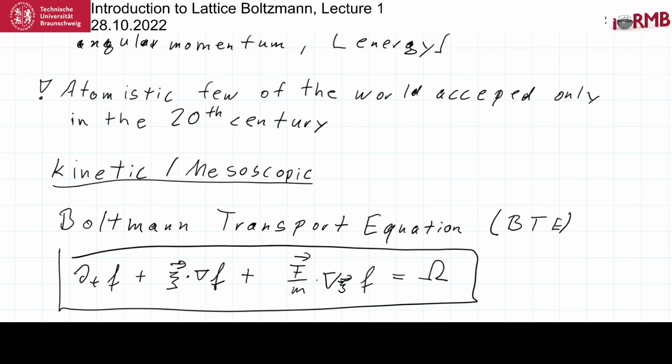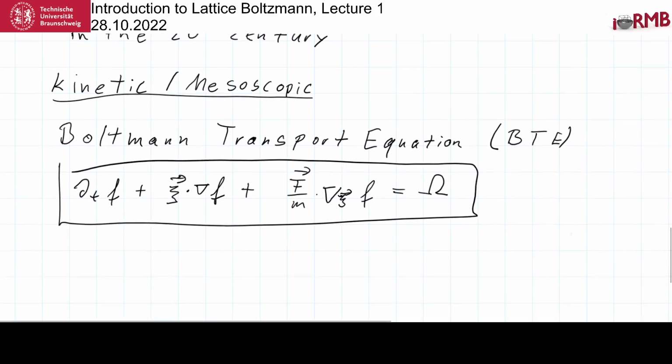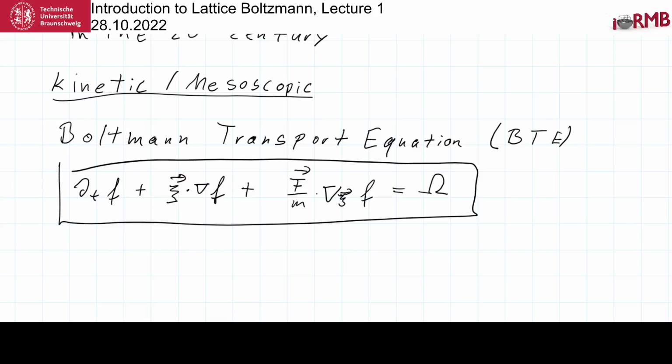So now what is the difference between the Boltzmann transport equation and the other two, and why is it considered to be in between? The idea behind this kinetic approach is that we still have molecules, this is important, we don't have a continuum, we have molecules. But there's something drastically different, namely these molecules are now indistinguishable.